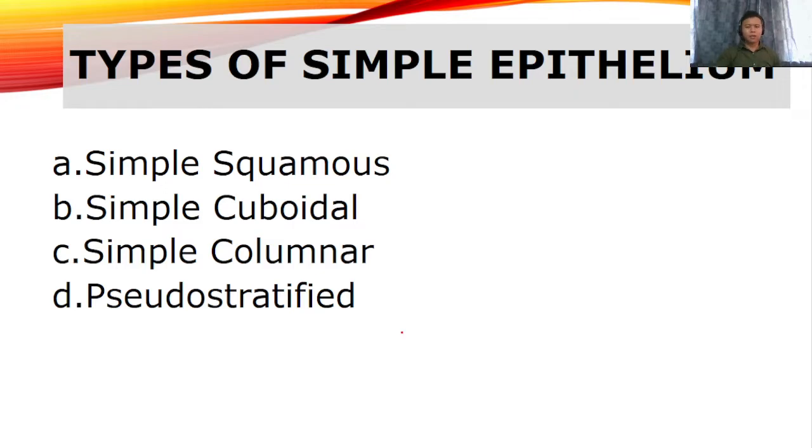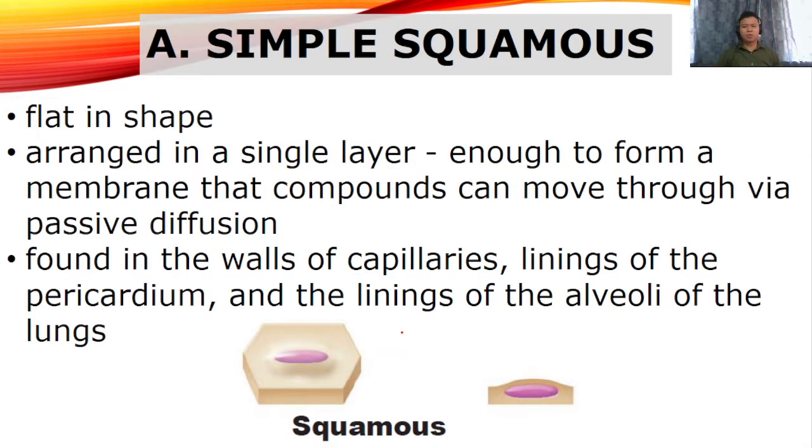Let's go first with squamous. Squamous cells are usually flat in shape, from the word itself. Simple, having only a single layer, that's why it's called simple squamous. They are arranged in a single layer enough to form a membrane that compounds can move through via passive diffusion.